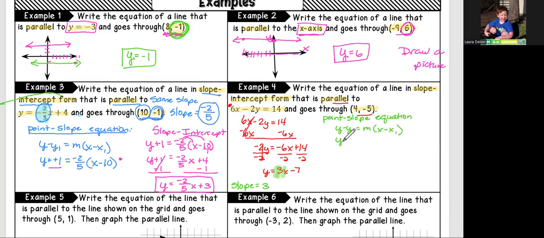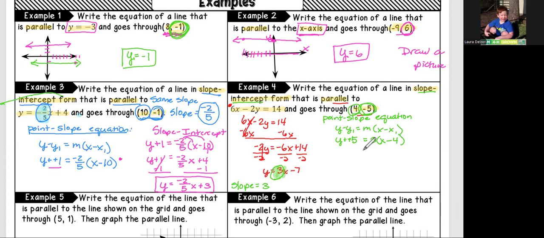I plug it in, y minus my y1 is this -5. Minus a negative, that's really adding. My m is this 3 that I got in that equation we rearranged. x minus 4. Okay, that's my point slope form, but now we've got to rearrange this into slope intercept.